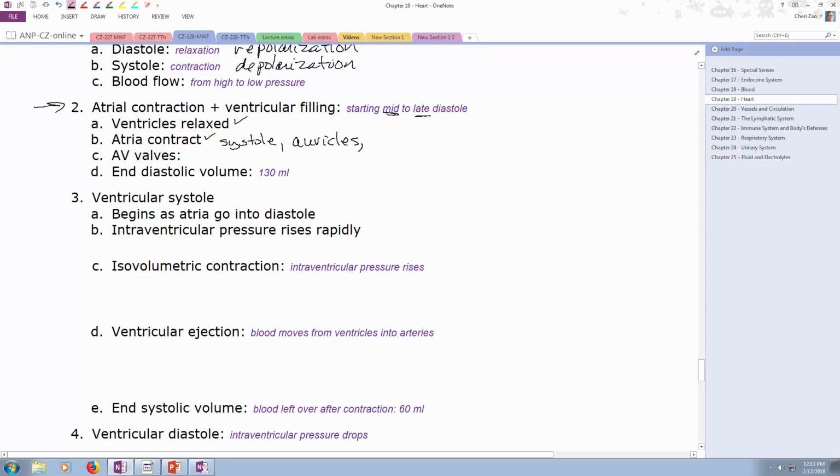And blood is going to flow from an area of high pressure to an area of low pressure. So high P is in the atria, low P is in the ventricles. The AV valves during this time period, they're going to be open.